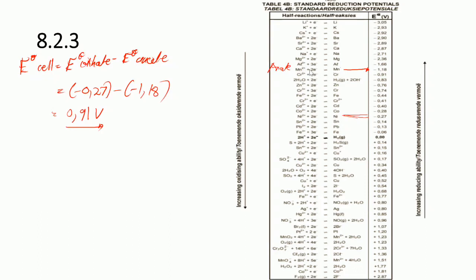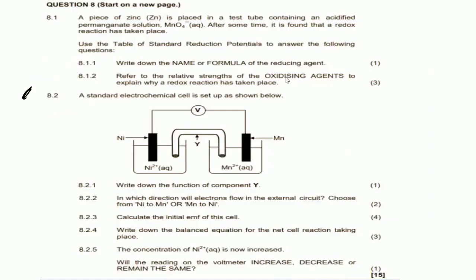So this is Mn2+ plus 2e, and when writing it in terms of oxidation, the Mn now needs to be the reactant and the Mn2+ the product. Why do we do this? Because we want to indicate that oxidation has taken place.